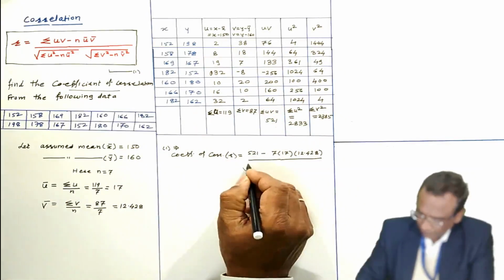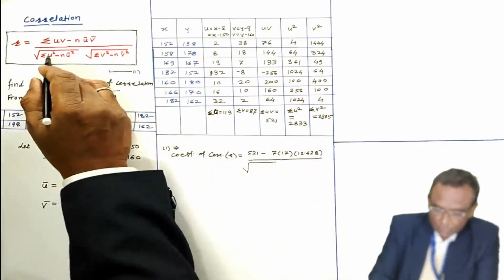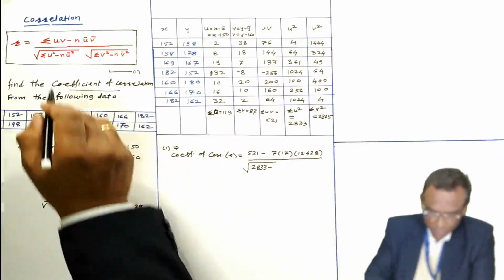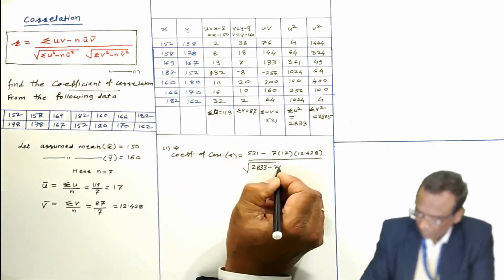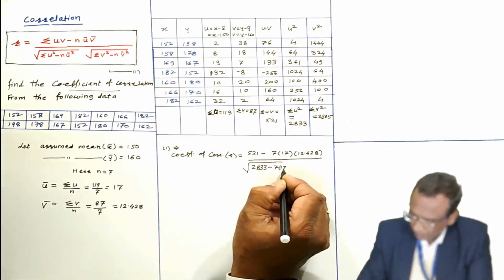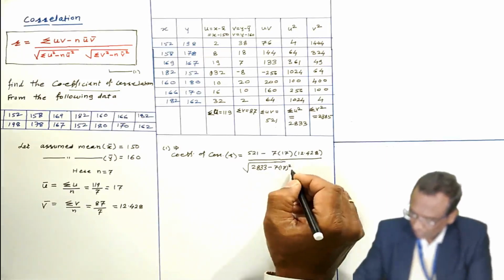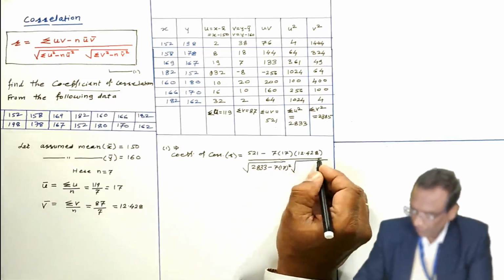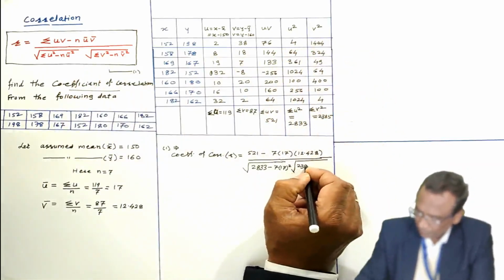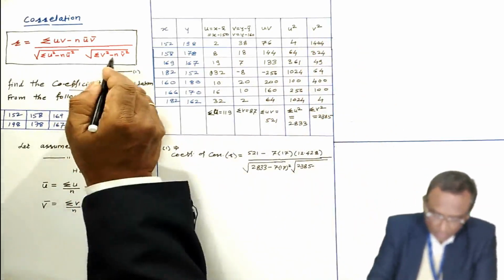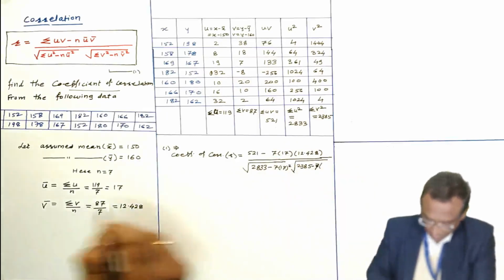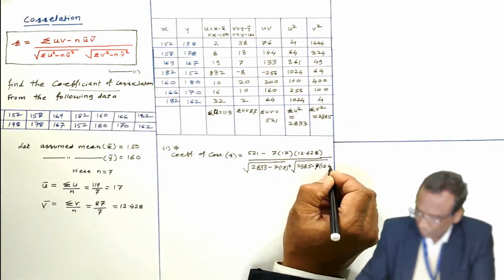This is divided by the square root of summation u square, 2833, minus n, which is 7, multiplied by u bar square, 17 square, multiplied by the square root of summation v square, 2385, minus n v bar square, where n is 7 and v bar square is 12.428 square.